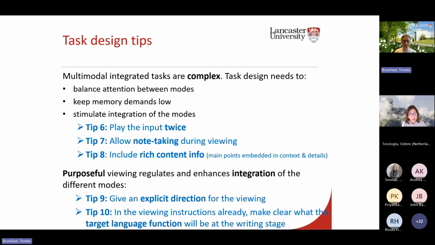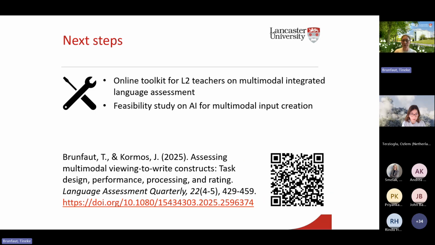And also in the instructions, before watching the video, tell them what the language function will be for the writing. So they know they are going to have to describe, or write a report that says something about the genre. Give that information so that they watch the video with a purpose in mind. So those were some tips.